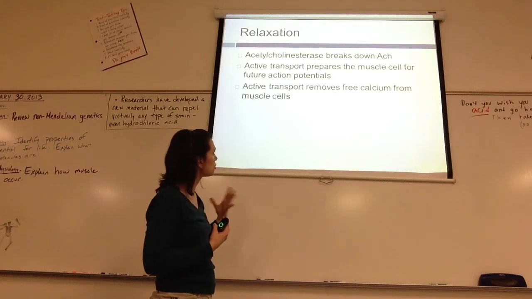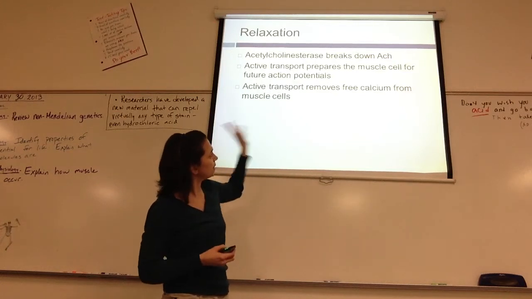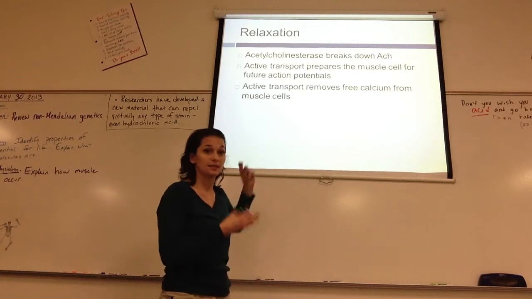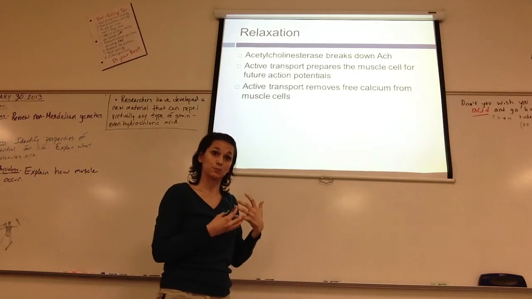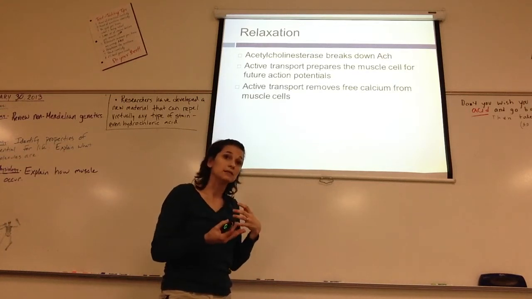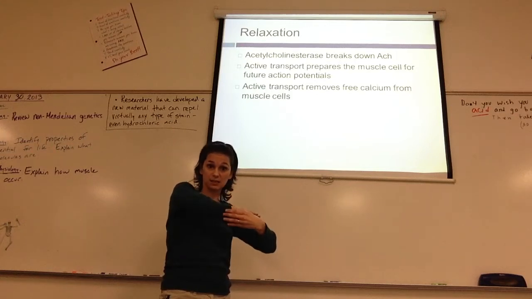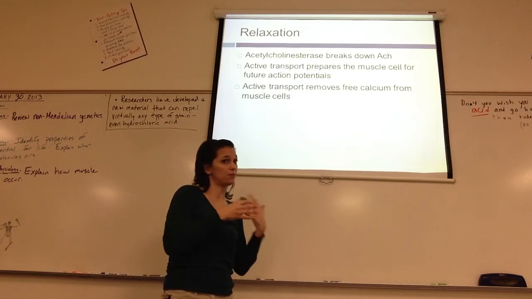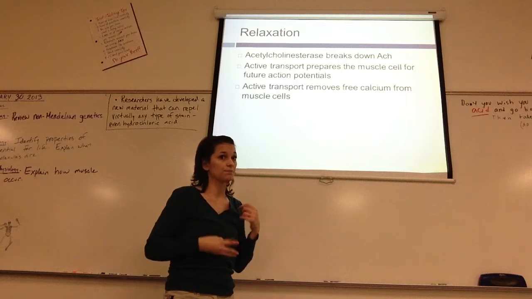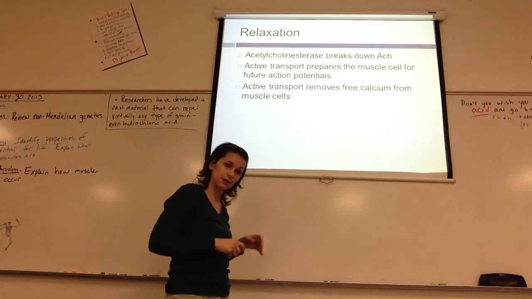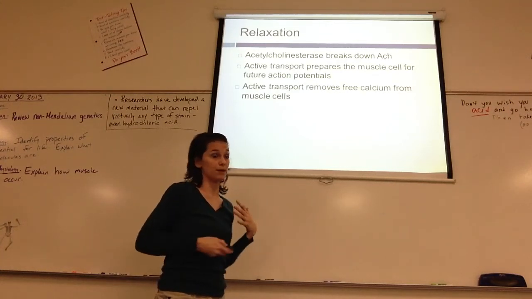That's going to take some energy, and you're going to pump it, and then once the calcium is gone, the troponin complex is broken down also, which means that the tropomyosin is going to cover up the binding sites again, and now the actin and myosin can't bind. Before that can actually cover it up, though, we need to get rid of any myosin that may be attached to it.